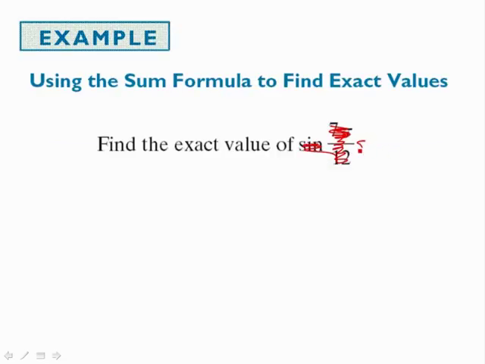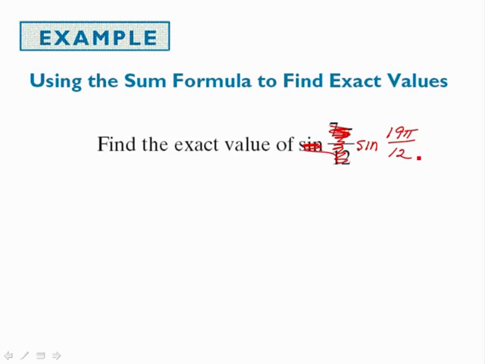We're going to find the exact value of the sine of 19 pi over 12. Same idea as it was for degrees.